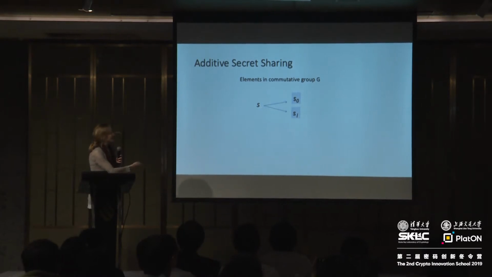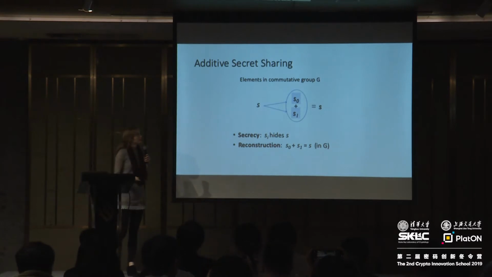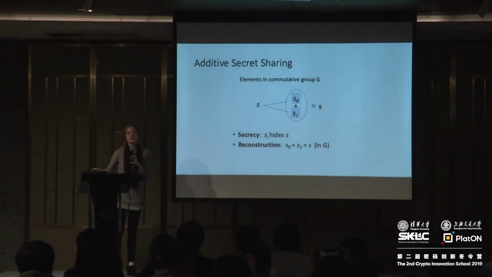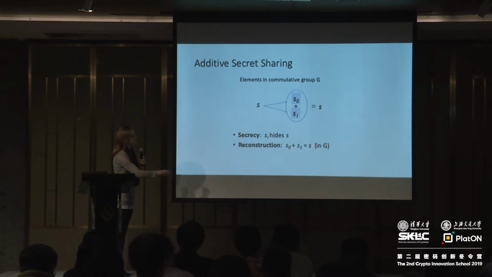I take this secret and split it into pieces with the property that each piece on its own hides the original secret. But there's a reconstruction property: if I take these two pieces together, each of which has, in some sense, no information about S, I can reconstruct S again. And indeed, for additive secret sharing, this reconstruction is simply addition.